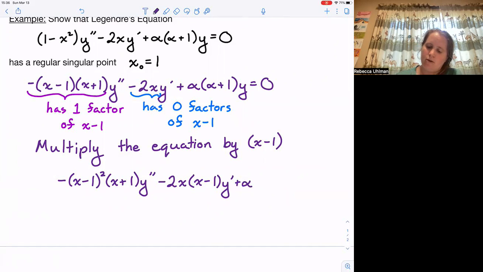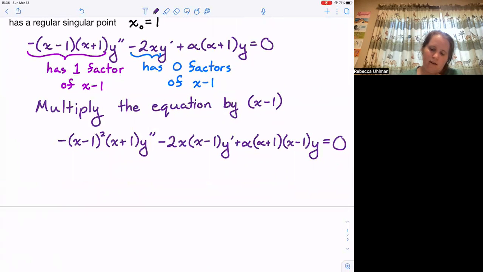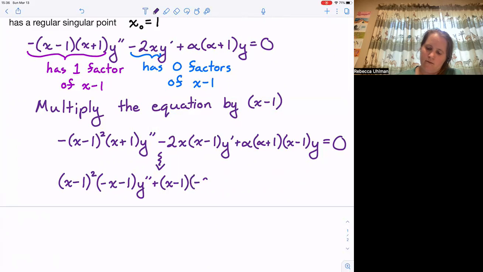Then we can rewrite this in the form x minus 1 squared times negative x minus 1 times y double prime, plus x minus 1 times negative 2x times y prime, plus alpha times alpha plus 1 times x minus 1 times y equals 0.